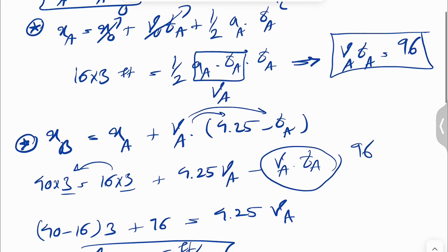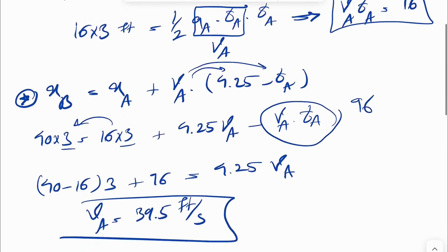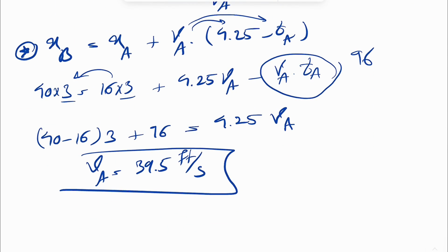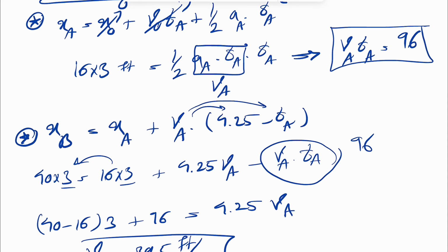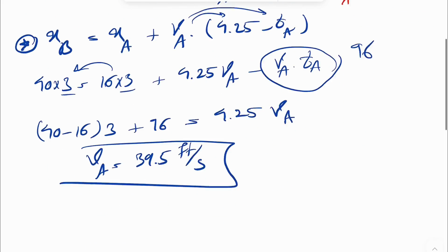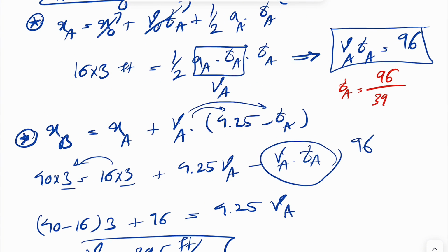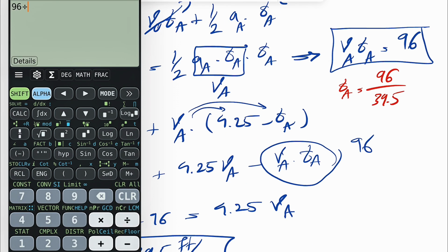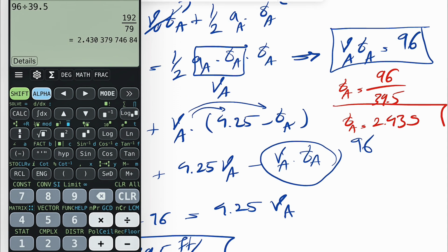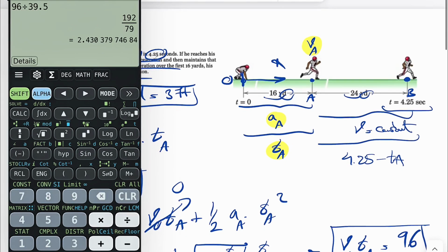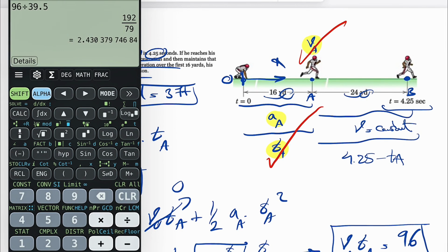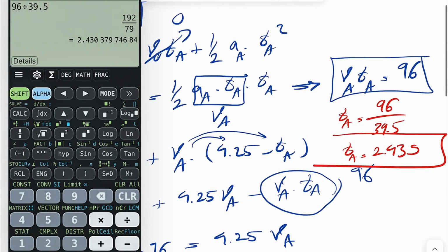So now we have VA. If we put VA in the first equation, we're going to find TA. TA would be 96 divided by VA, which we found is 39.5. So 96 divided by 39.5, our TA would be 2.43 seconds. So far we found VA and TA, and the last one is the acceleration.